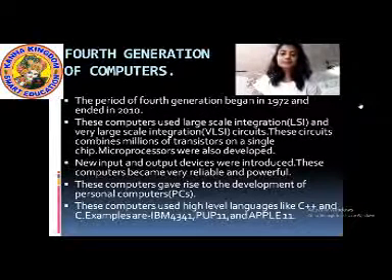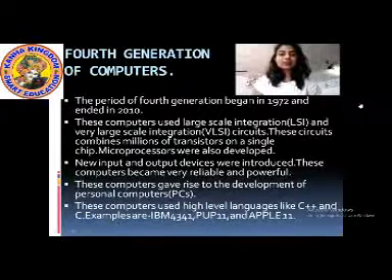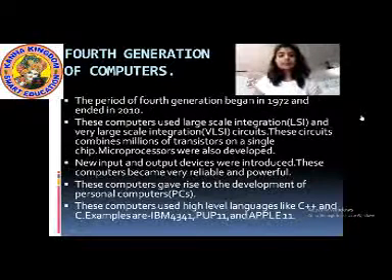And new input and output devices were introduced, like scanner, printer, speakers, etc.